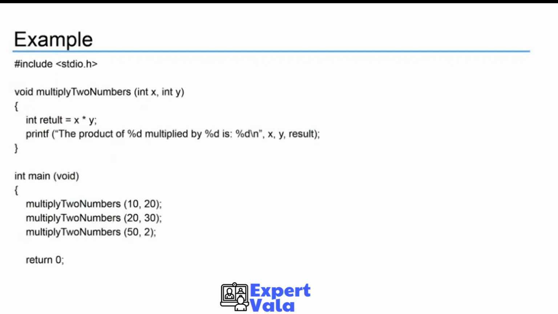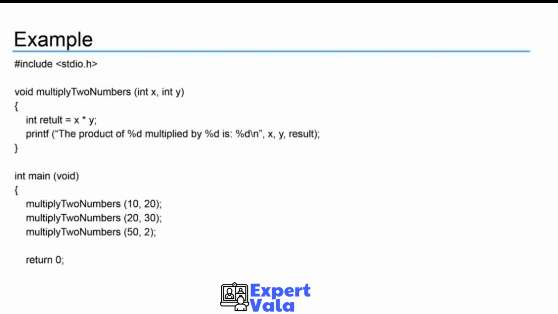When we invoke the function in the main routine here, we say multiply two numbers and we pass in the arguments. We pass in the values 10 and 20. You would pass in variable names here as well, but in this example, we are just saying 10 and 20. This is going to call the function multiply two numbers and pass in 10 for the first parameter, 20 for the second.